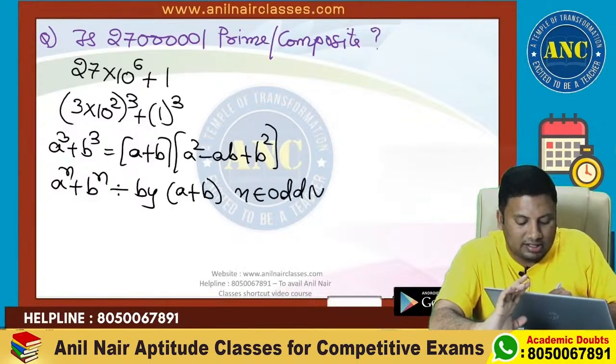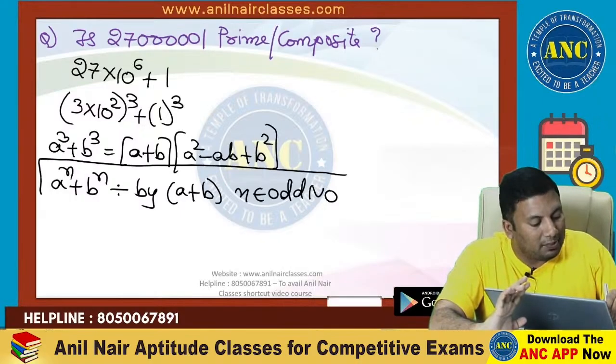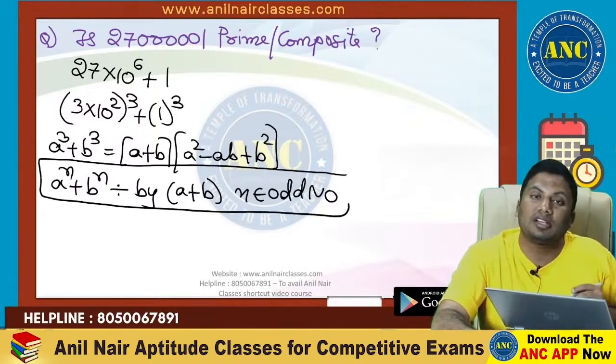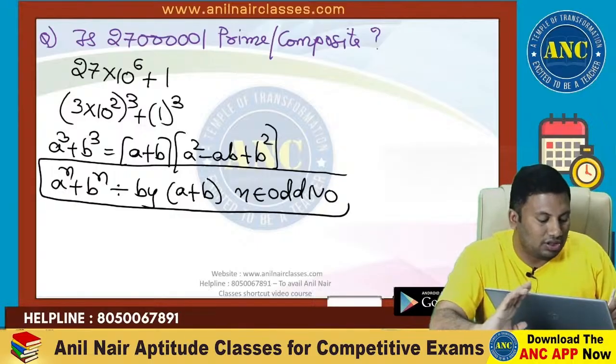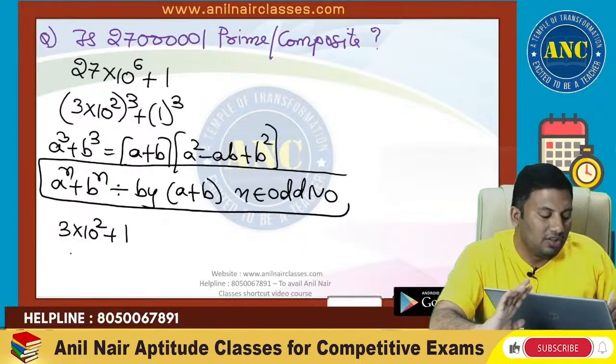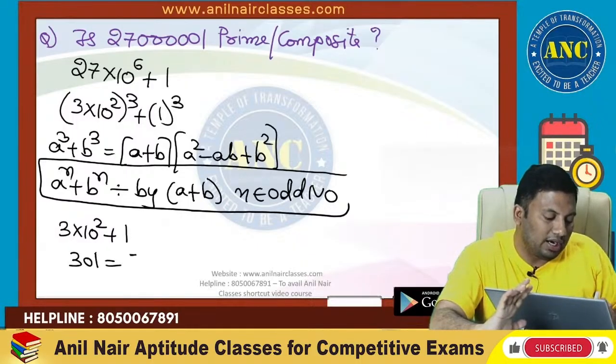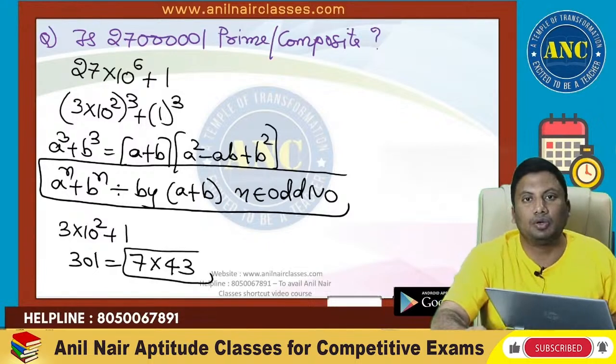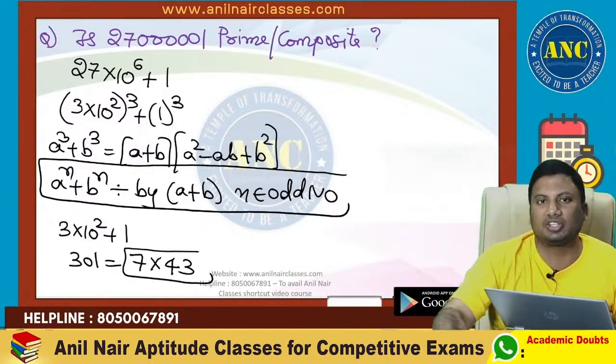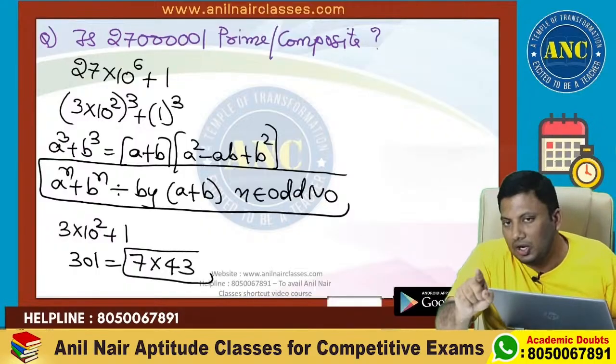So this number is divisible by 3 into 10 square plus 1, that is 301. 301 is nothing but 7 into 43.